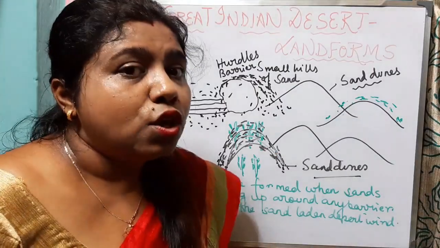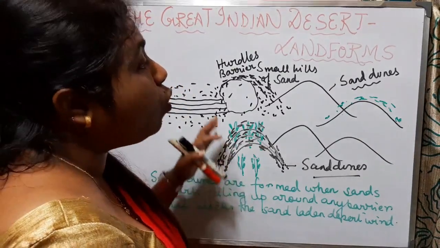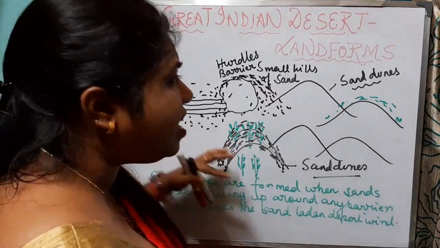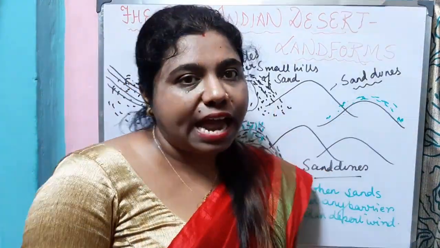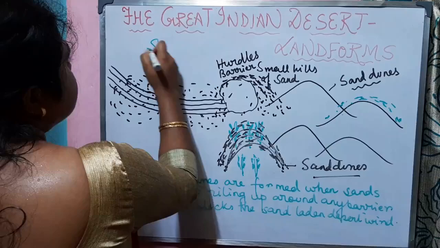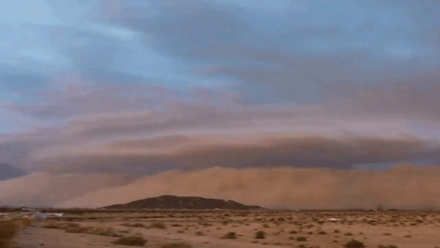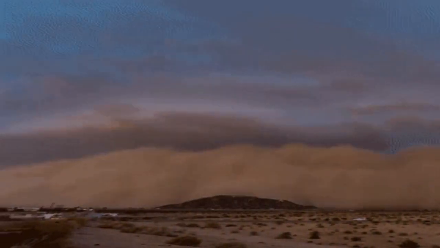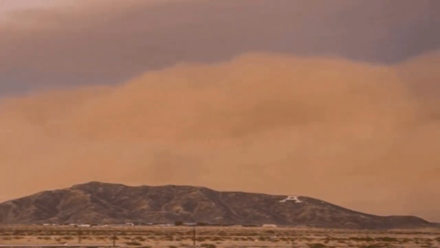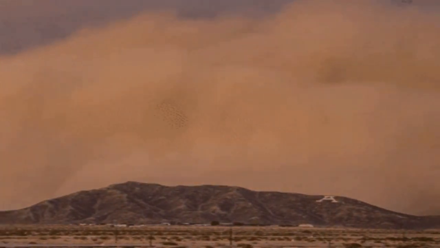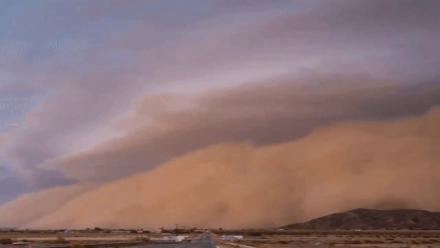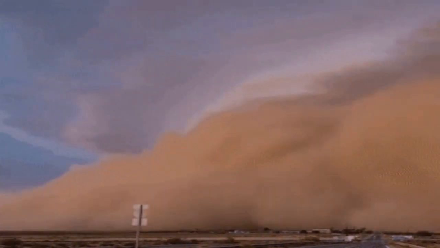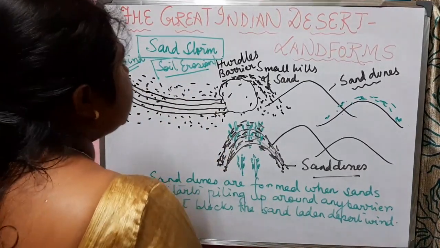Now sometimes when the hot strong winds blow very fast, they carry a huge amount of sand and that leads to a sandstorm. In fact, the wind can also cause soil erosion. What is soil erosion?